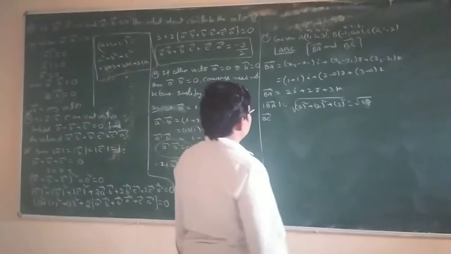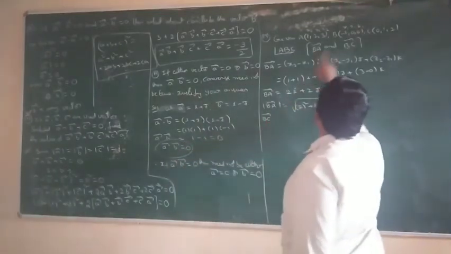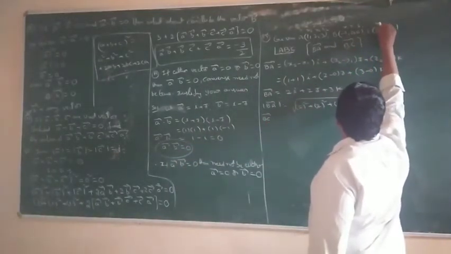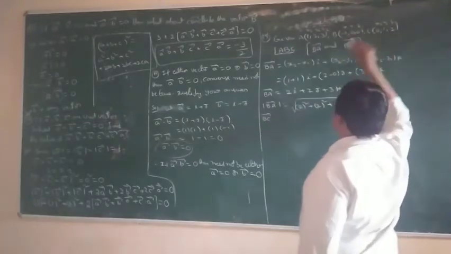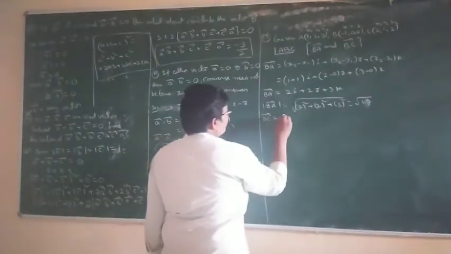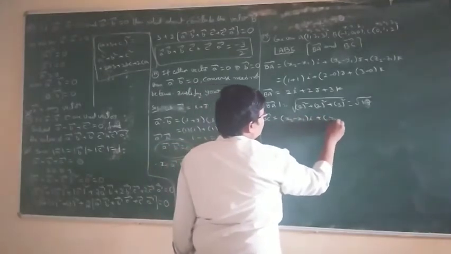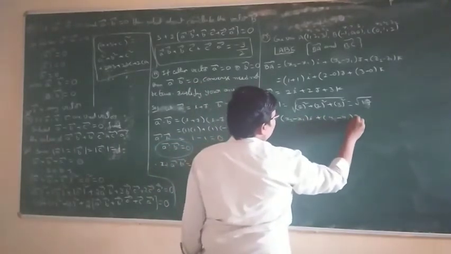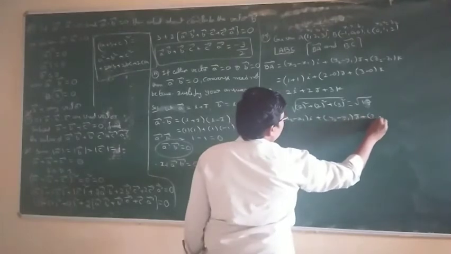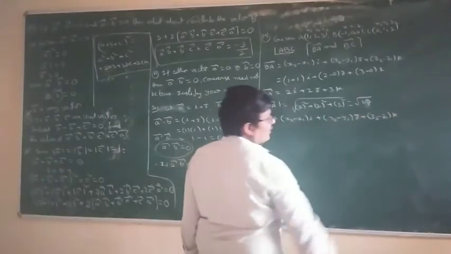Next, BC bar. BC bar means the first point B is x1 y1 z1, the next point C is x2 y2 z2. Same formula, the vector joining the 2 points: x2 minus x1 into i plus y2 minus y1 into j plus z2 minus z1 into k.